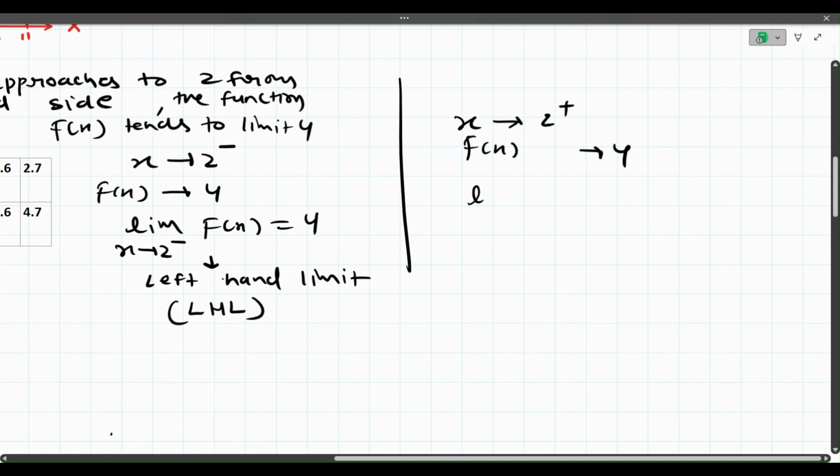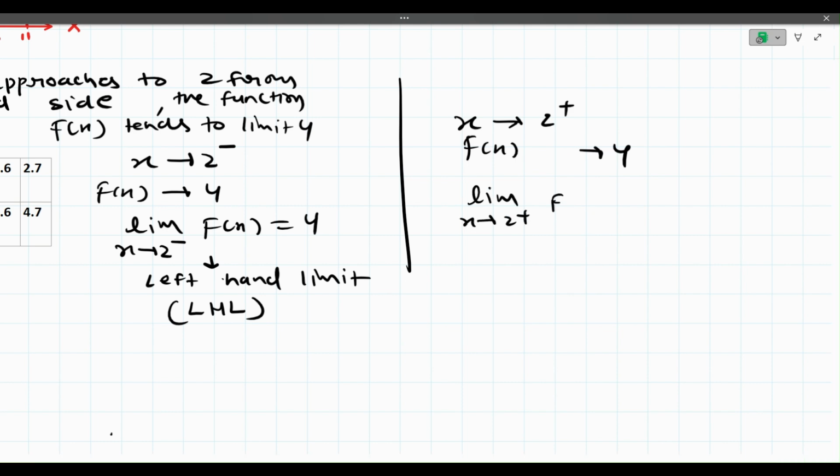So here we can say that limit as x approaches 2 from the right side of f of x is equal to 4. And this is called the right hand limit, or we call it RHL.